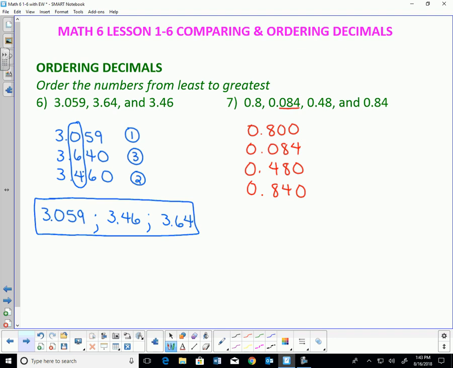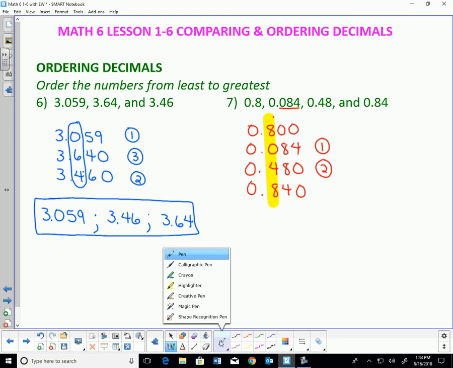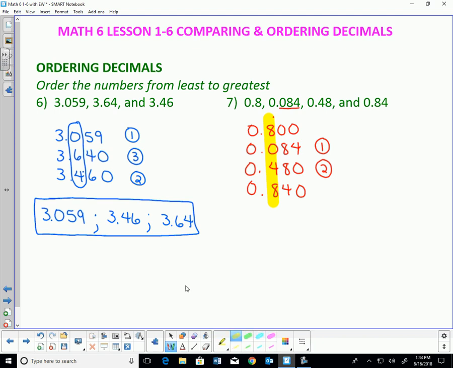So smallest to largest, the first thing I have to do is compare the very first set of digits where they change, and that would be right here. If I'm looking at these numbers right here, 0 is smaller than 4 and 8, so this number comes first. 4 is smaller than 8, so this number comes second. Now I have to compare my 2 remaining numbers, this number here and this number here.